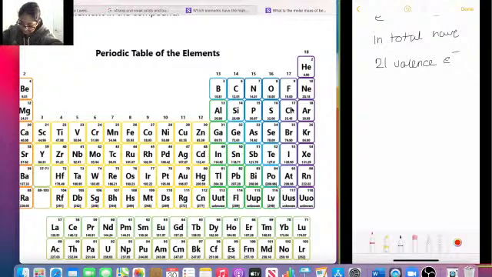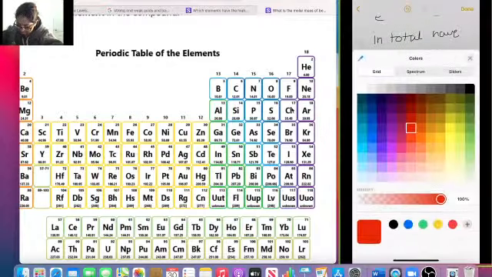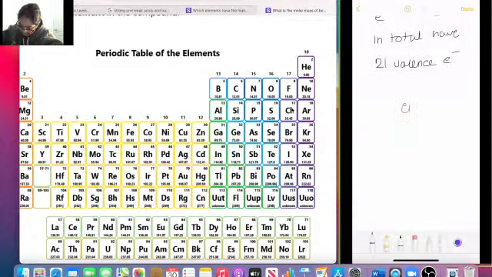We have Cl, I won't put the charges yet. Cl, and I'll draw fluorine, right, our fluorine here. And so your chlorine has basically 7 valence electrons, right?